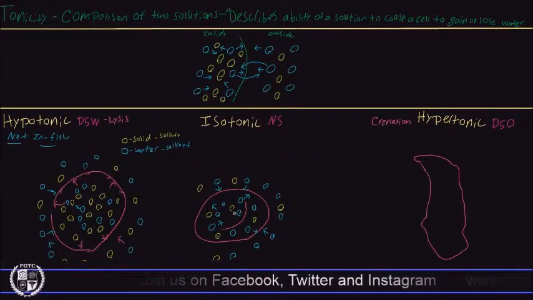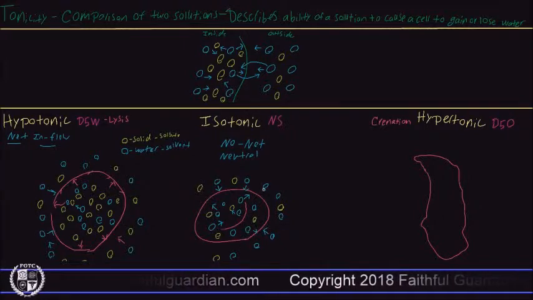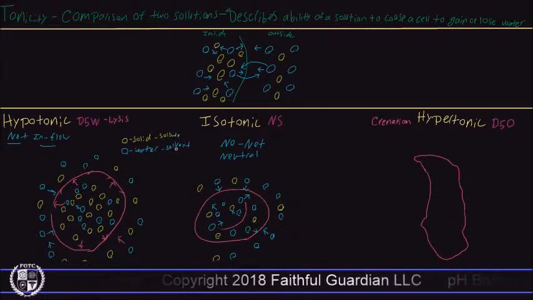You have some that can bounce off of other solid particles, but it's really going to be no net change. Everything is staying neutral. So you're really not getting a whole lot of change in your cellular content, concentration wise, versus the water, which is a solvent, and your solids, which are the solutes.